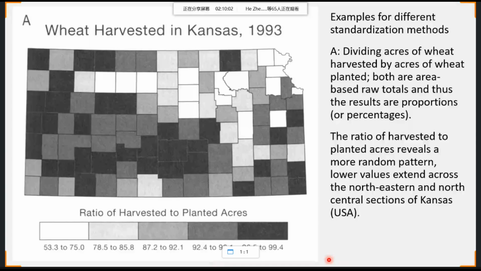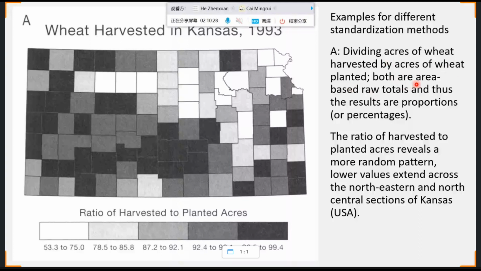Examples for different standardization methods. So we have here another US state. This is Kansas, and it's about the wheat harvested there in 1993. Example A, dividing acres of wheat harvested by acres of wheat planted.